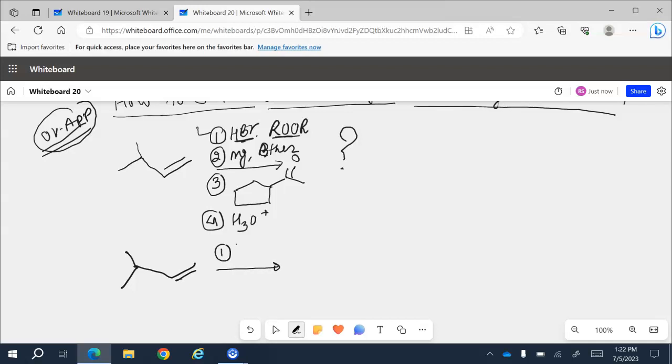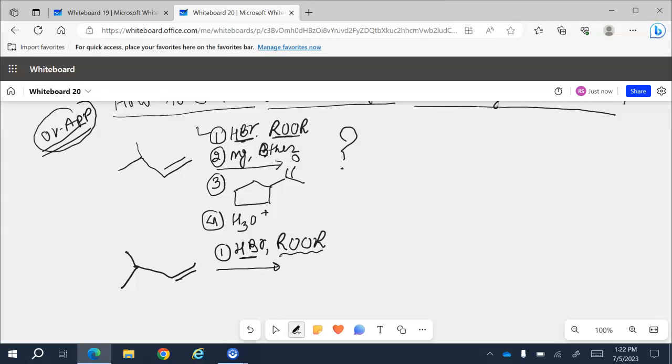Talking about this reaction with HBr in presence of ROOR, organic peroxide, you need to know that when HBr is added across an unsymmetrical alkene, it will add by Markovnikov's rule. However, in presence of organic peroxide, the addition of HBr takes place anti to Markovnikov's rule.